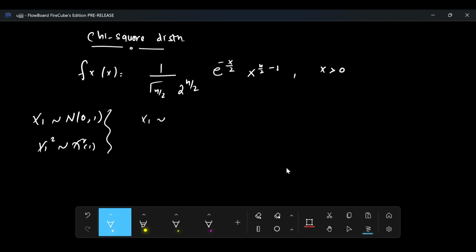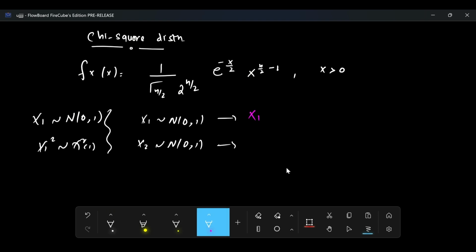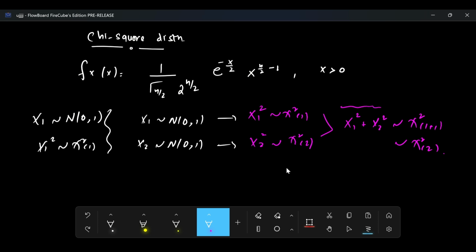Now if x1 follows normal 0 comma 1 and x2 follows normal 0 comma 1, then x1 square will follow chi-square 1, x2 square will follow chi-square 1, and the sum of x1 square plus x2 square will follow chi-square 1 plus 1. So this will follow chi-square 2. Clear? So this is the additive property of chi-square.